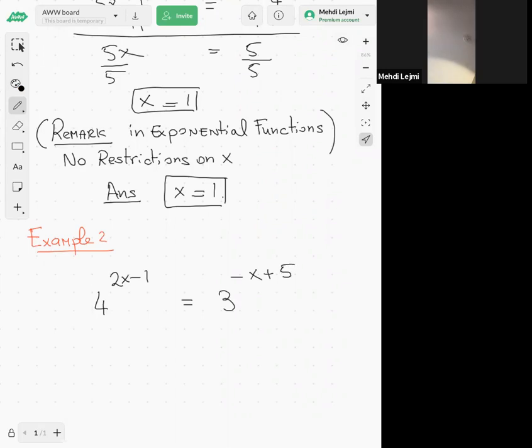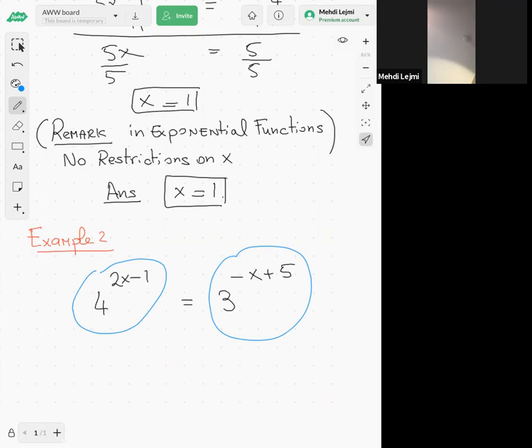This is an exponential equation, because again we have exponential functions: a constant to some power involving x. And here it's the same, a constant, which is 3, to some power involving x.